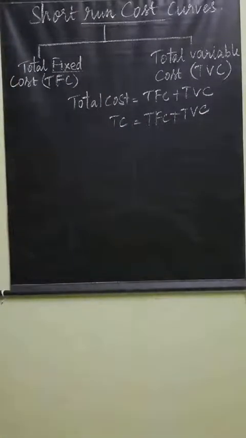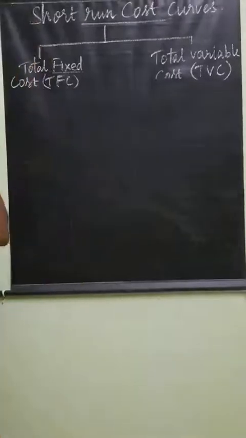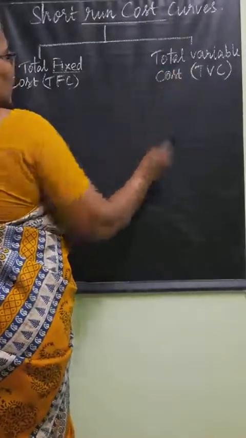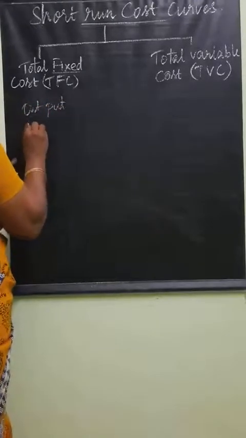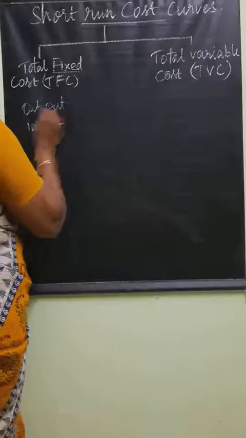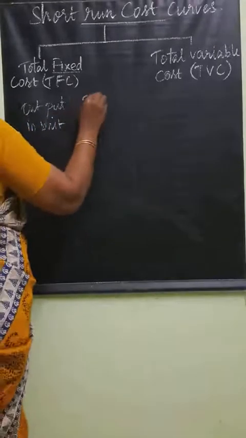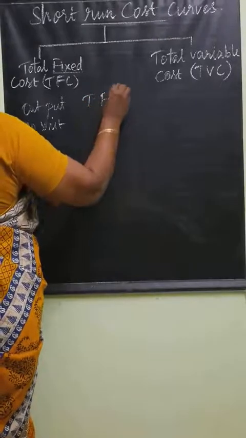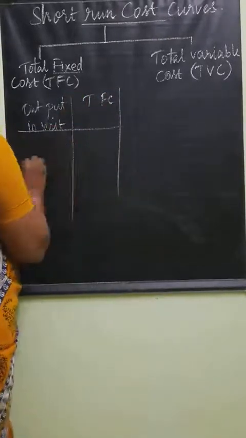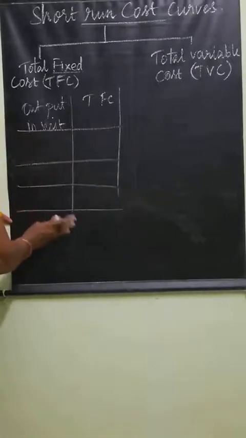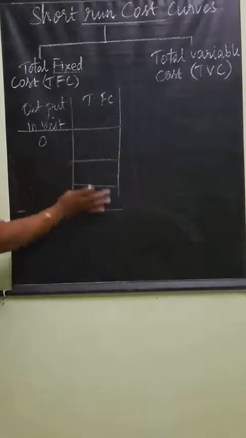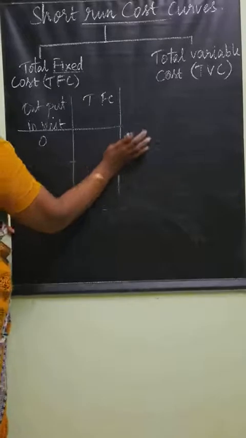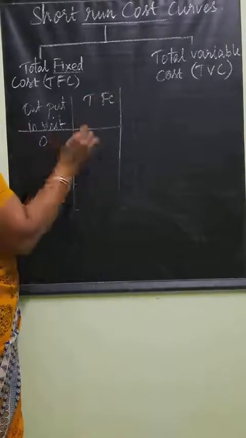Now we are going to see the total fixed cost. They have given a hypothetical table, that is the output per unit and also the total fixed cost, TFC. So when the output is 0, I told fixed cost will never change based on the output.